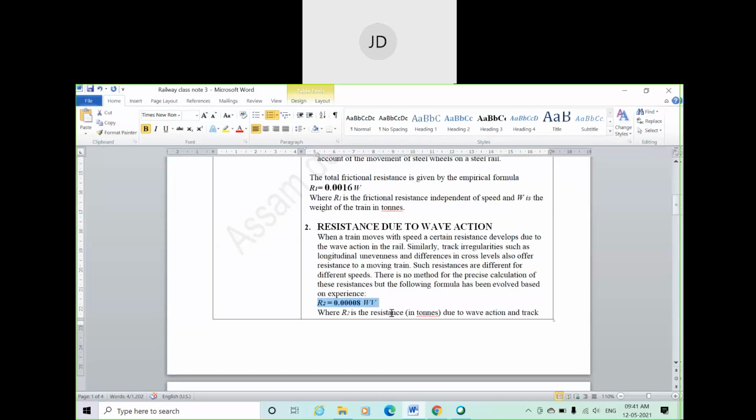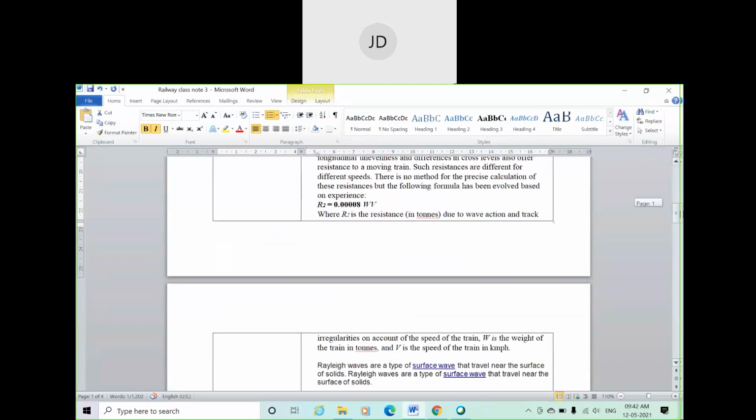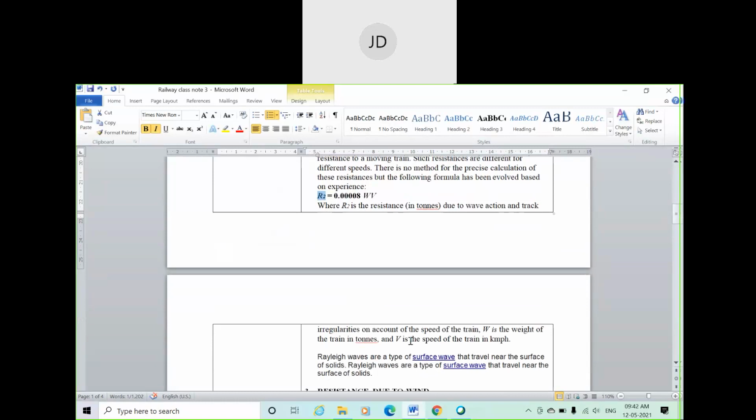R2, your resistance due to wave action, is 0.00008 WV, where R2 is your resistance due to wave action in tons, on account of track irregularities and the speed of the train, W is the weight of the train in tons, and V is the speed of the train in kilometers per hour.